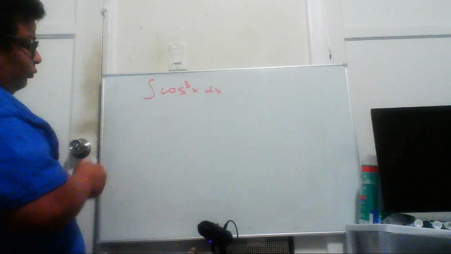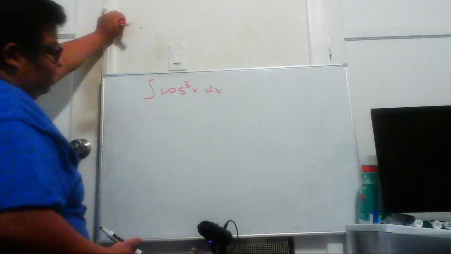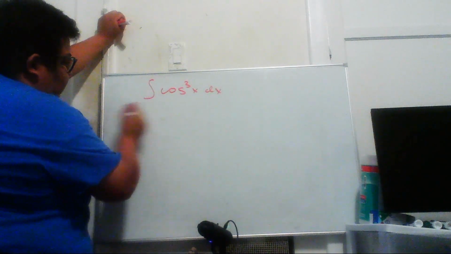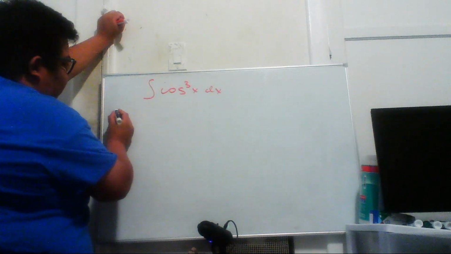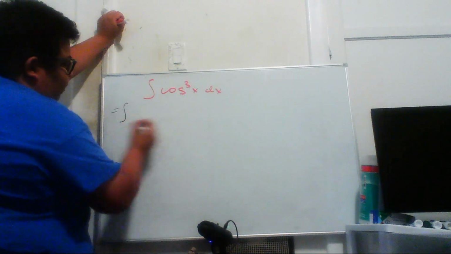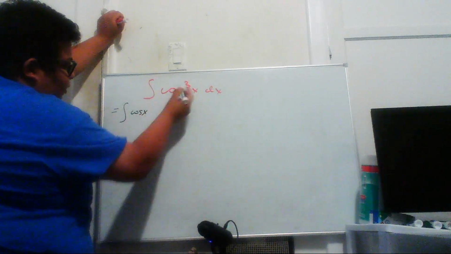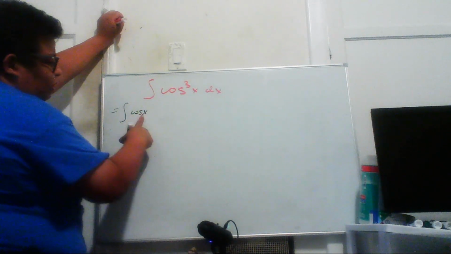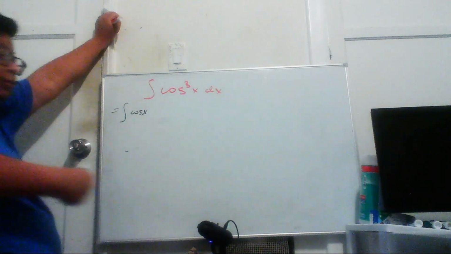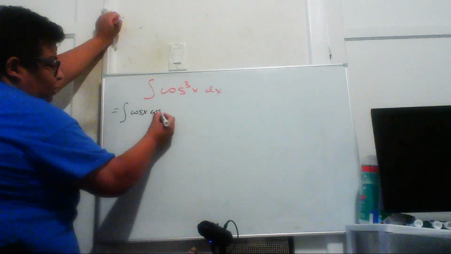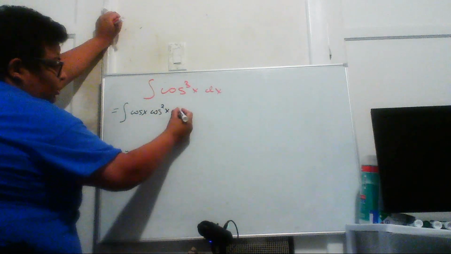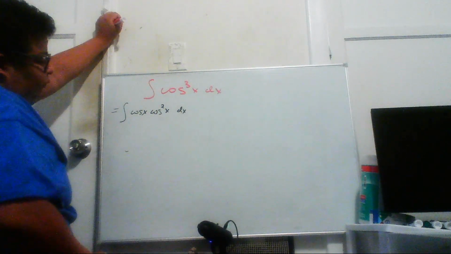For this case, what I'm going to do is transform this integral into the following. I separate cos cubed as follows: I put cos x, and then cos squared x dx.